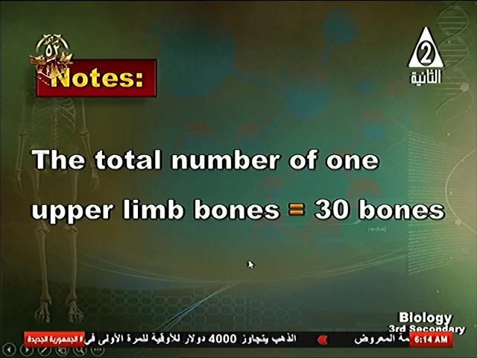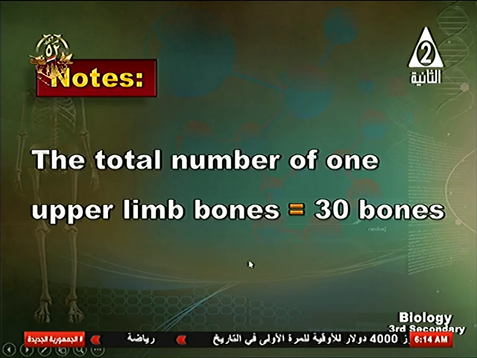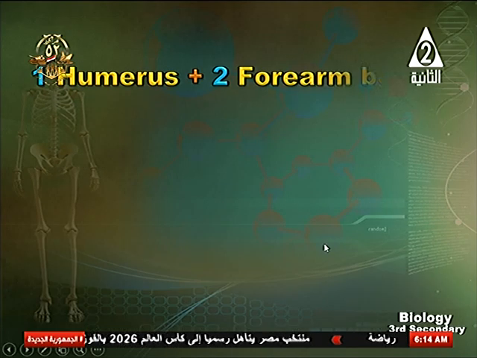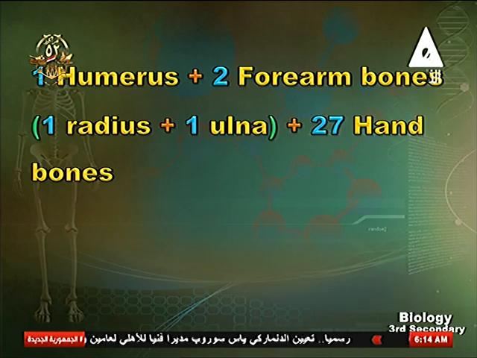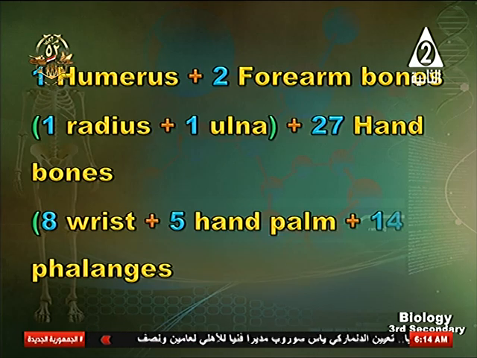The total number of bones in one upper limb is 30, so the 2 upper limbs are 60 bones. Each 30 bones are 1 humerus, 2 forearm bones, radius and ulna, and 27 hand bones: 8 carpals, 5 metacarpals, 14 phalanges.